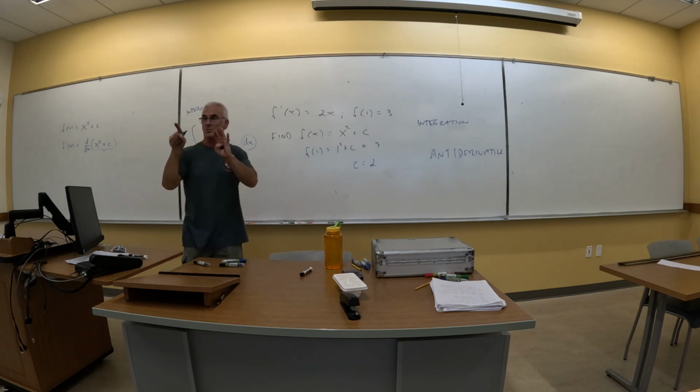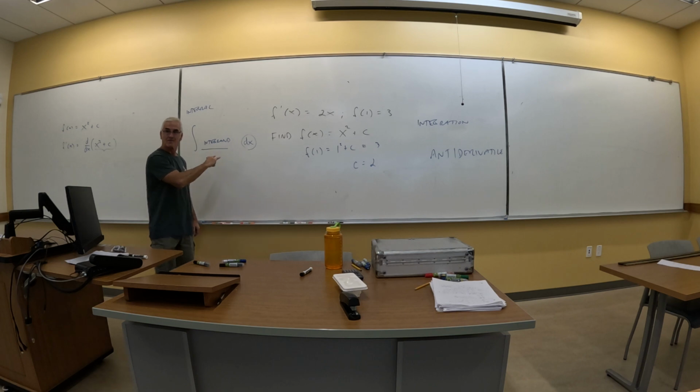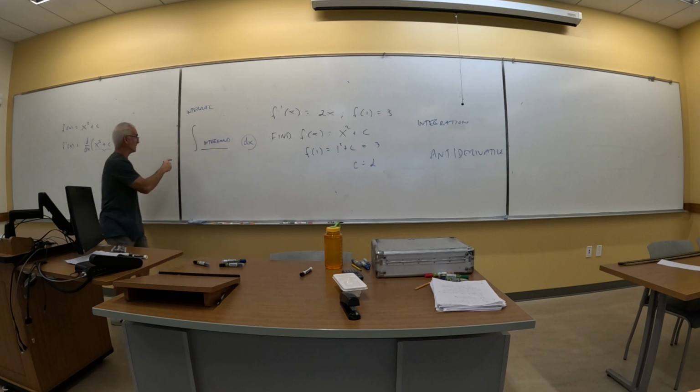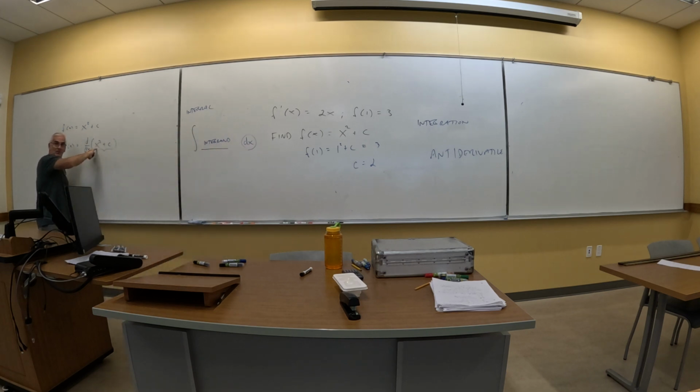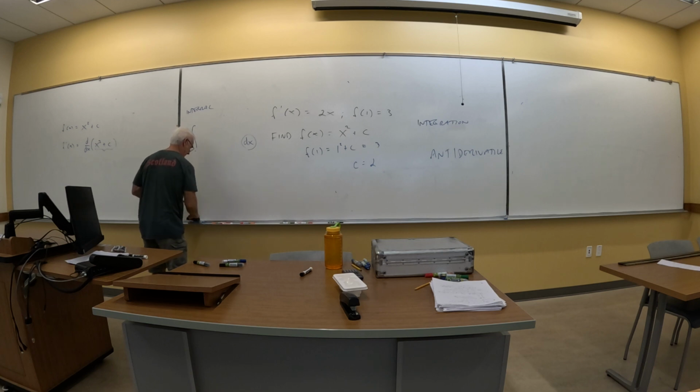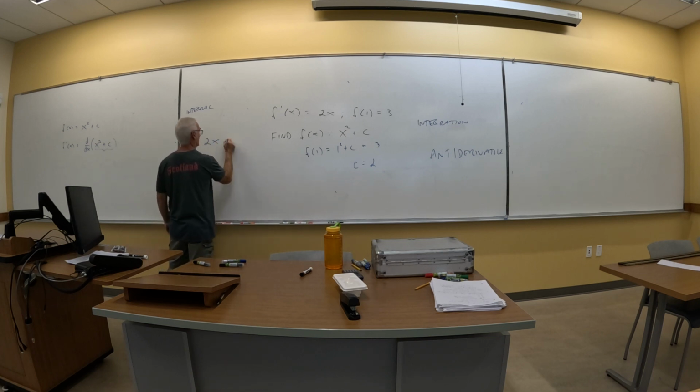In this class, we will not have different letters here. Calc 3, they have different letters here because they have multiple variables. We will always have the same letters. But these don't have to be the same. We've already done this. Right? That's what the chain rule is. These aren't the same if I'm using the chain rule. So, in this problem, I had a 2x. I'll move the dx a little closer.